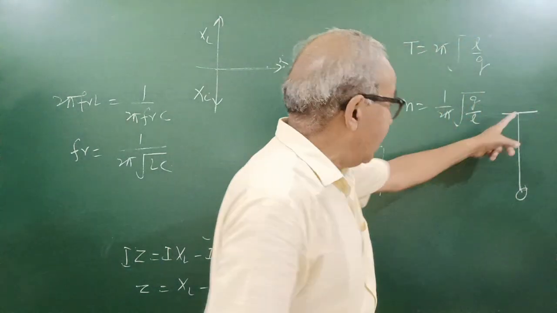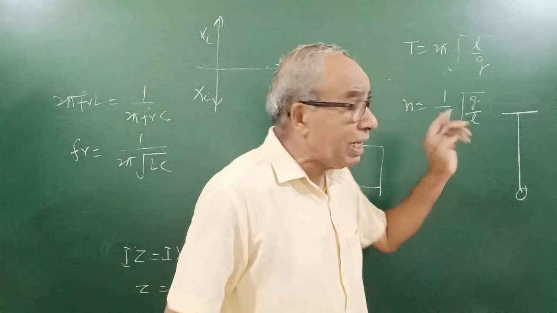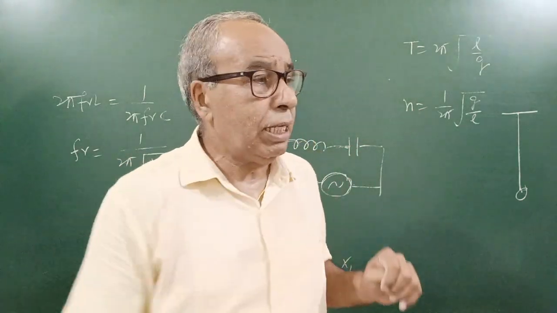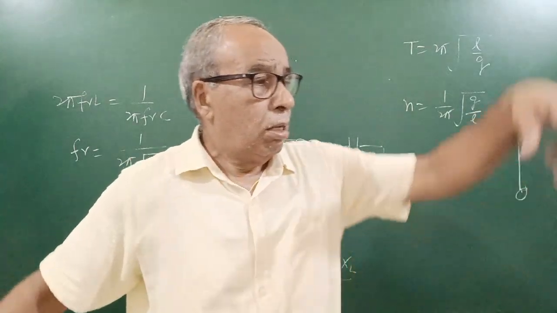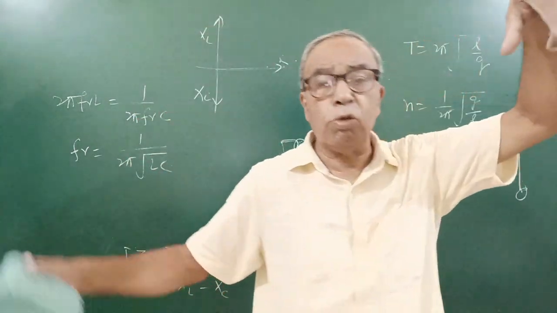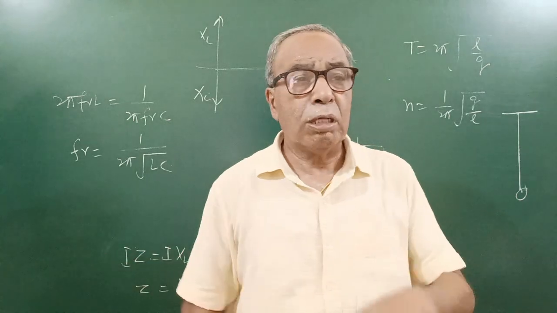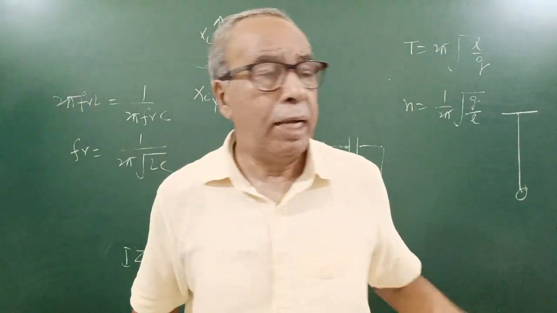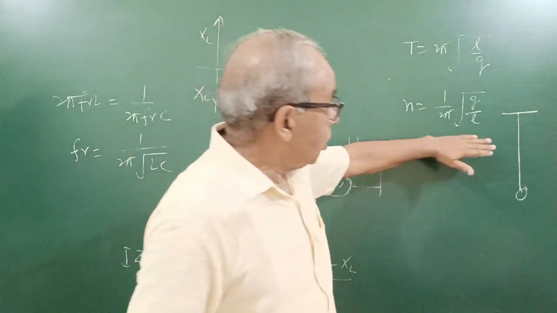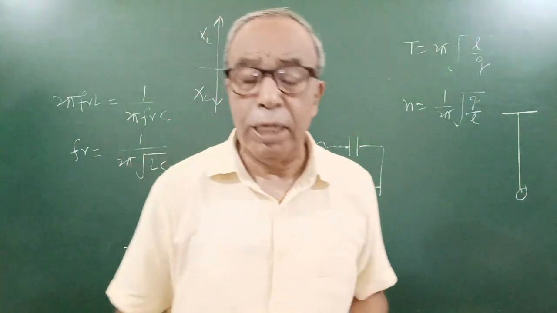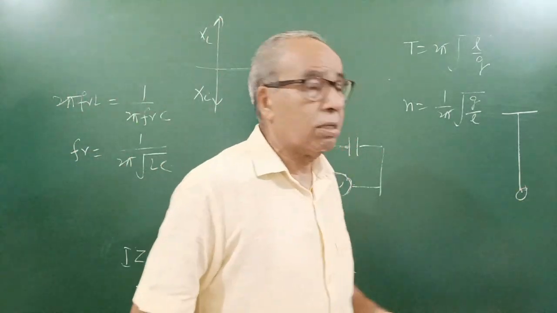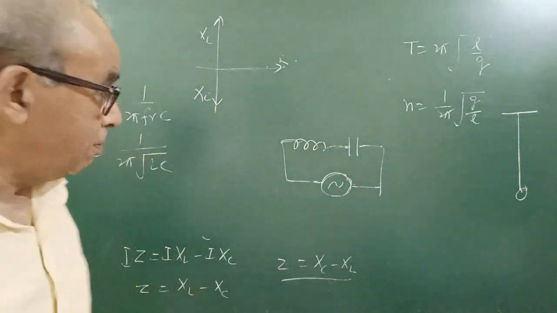If you increase the length, the frequency will decrease, and it will go slow. You might have seen long swings and shorter swings. A longer swing moves slowly and has low frequency. So the frequency of any oscillatory body determined from its structure is called natural frequency.